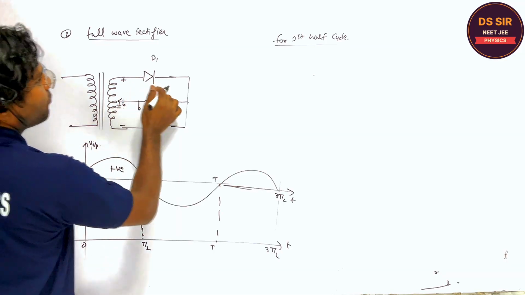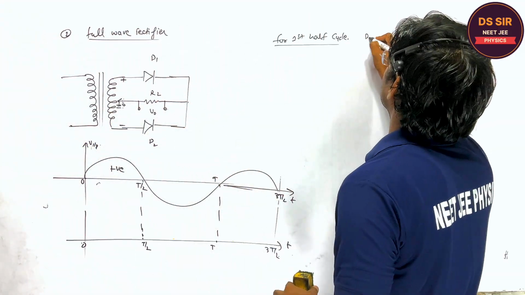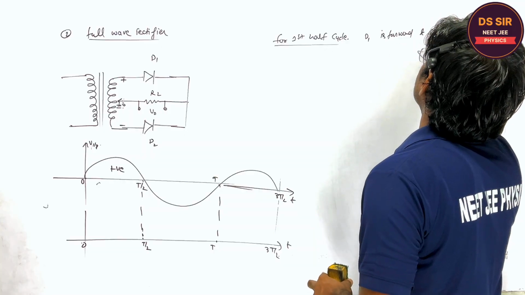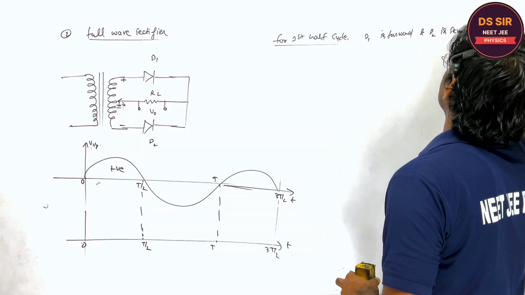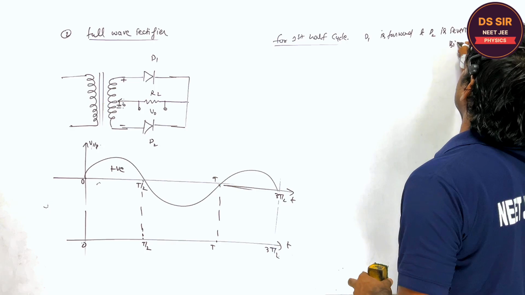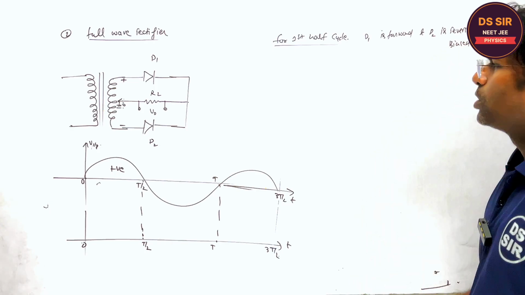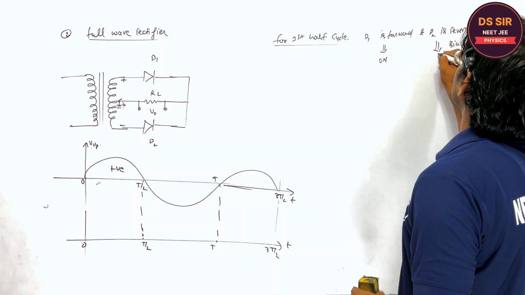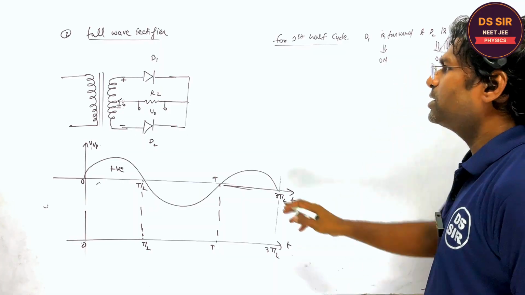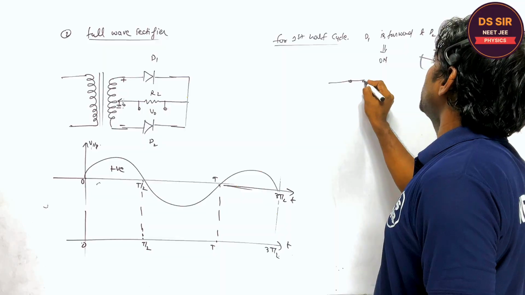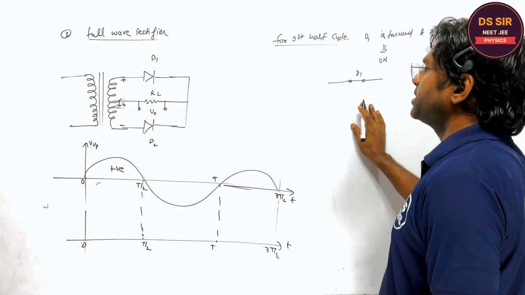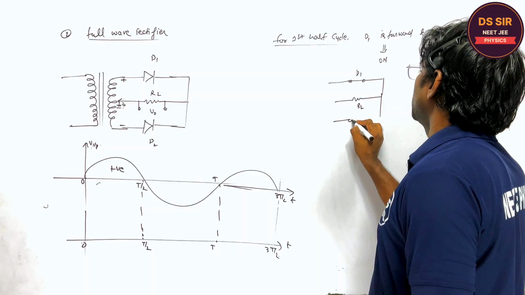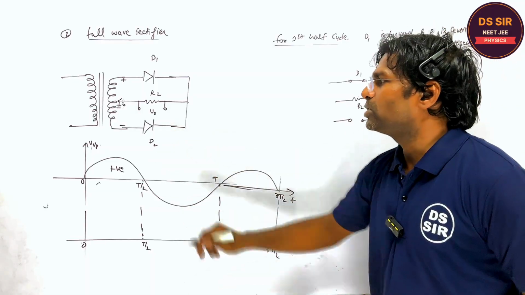So for the first half cycle, D1 is forward biased and D2 is reverse biased. So D1 is on and D2 is off. What is the circuit then? This is D1. The ideal diode acts as a wire, and this is the load resistance, and this one is off.